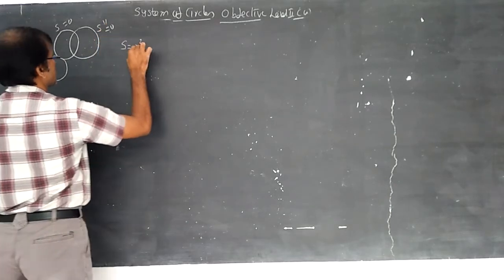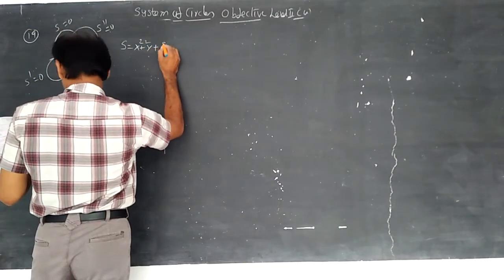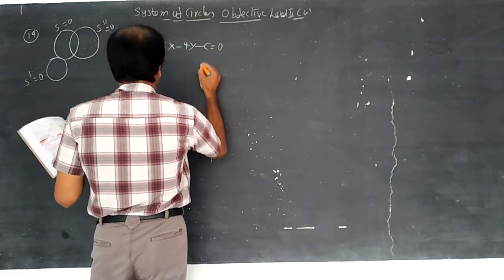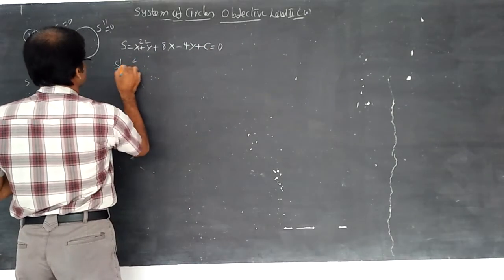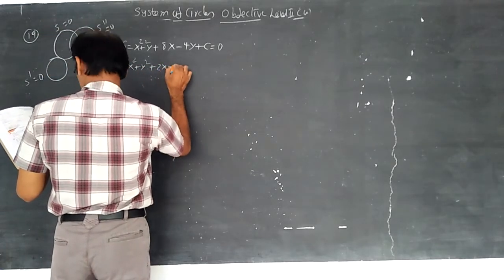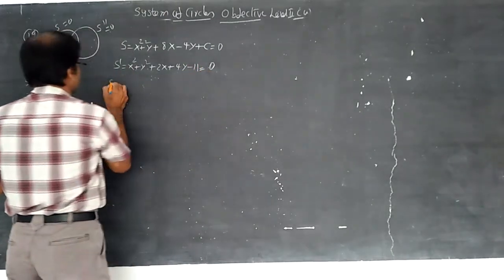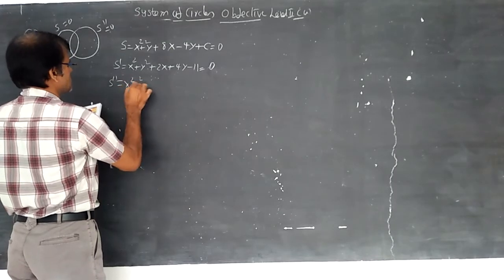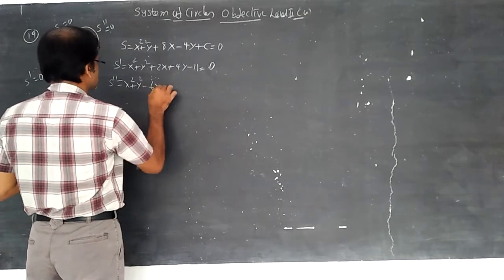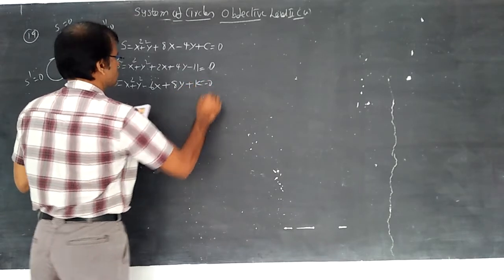You can write the circle notation: S is equal to x square plus y square plus 8x minus 4y plus c equal to 0, and S dash is x square plus y square plus 2x plus 4y minus 11 equal to 0, and S double dash is equal to x square plus y square minus 6x plus 8y plus k equal to 0.